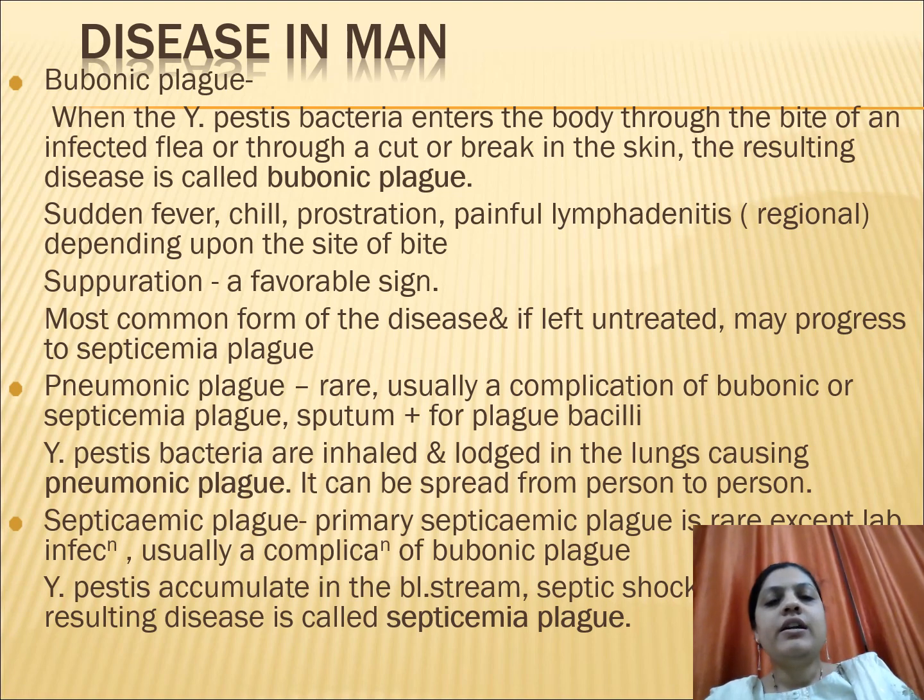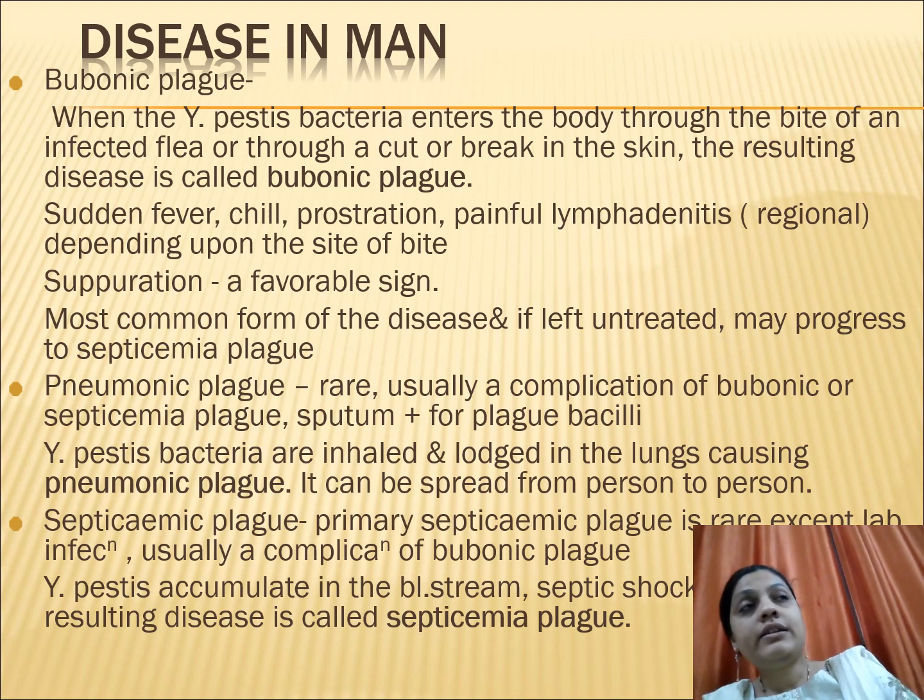Bubonic plague. When the Yersinia pestis bacteria enter the body through the bite of an infected flea or through a cut or a break in the skin, it results in the disease called bubonic plague. So Yersinia pestis can enter your body directly through cuts on the skin or through the bite of an infected rat flea, Xenopsylla cheopis.